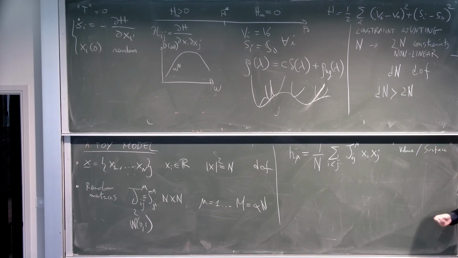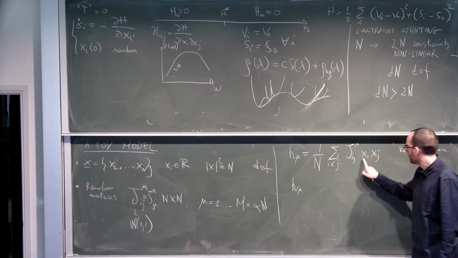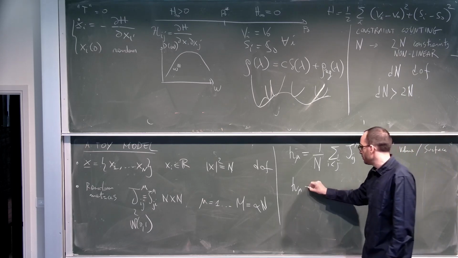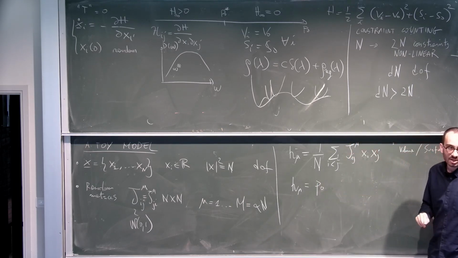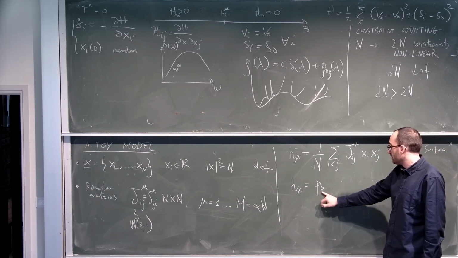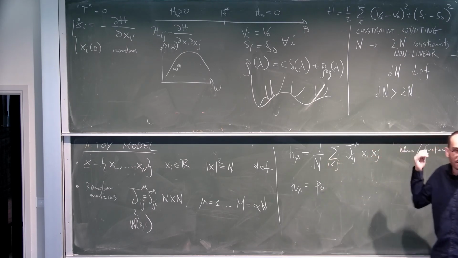The constraints are that I would like to find the x's such that h mu is equal to p0, a control parameter that I can decide, which plays exactly the same role as the shape index in the original model.